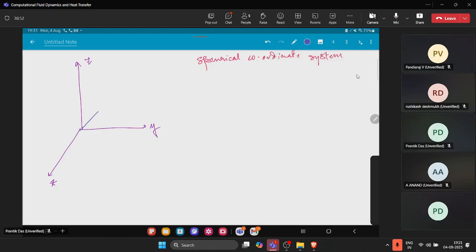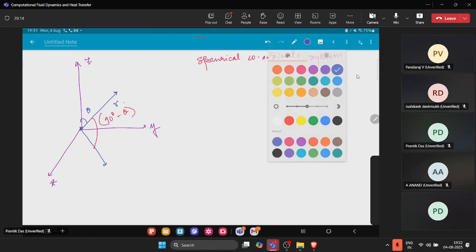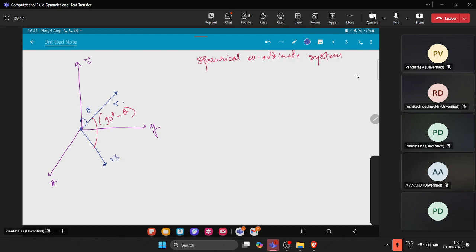Now this one, r, is the radius vector and theta is the angle made by the radius vector with the z-axis. And similarly, if I take the projection of the radius vector on the xy plane, which is r sine theta, since this angle is 90 minus theta, and the angle this r sine theta makes with the x-axis is denoted by another angle phi.